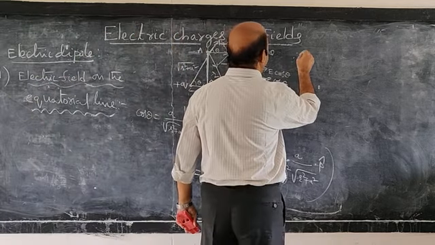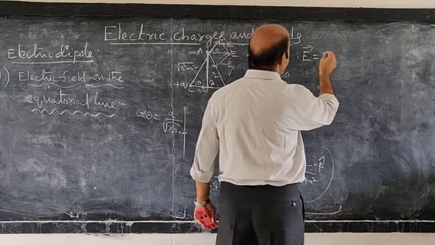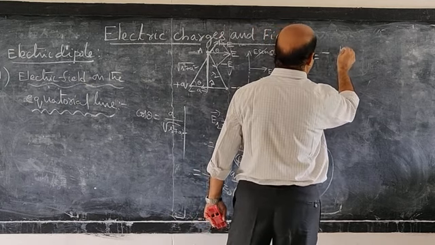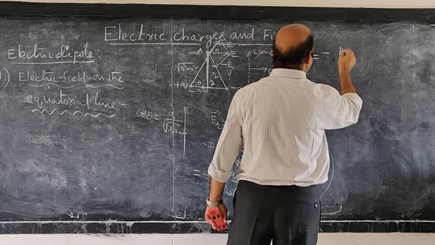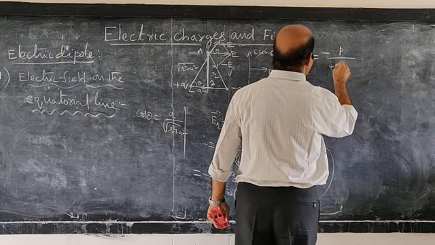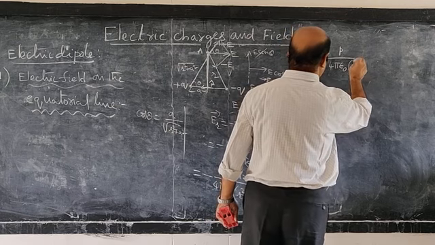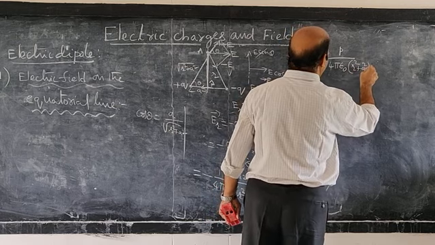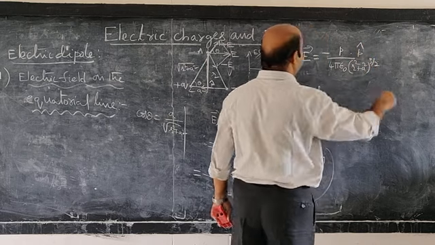Hence the resultant electric field is given by minus p by 4 pi epsilon naught, r square plus a square to the power of 3 by 2, into p cap.